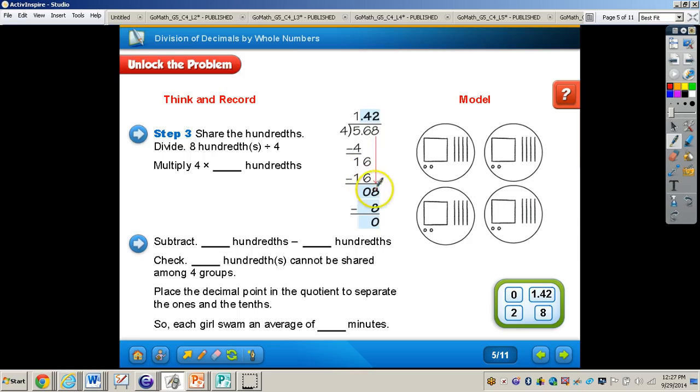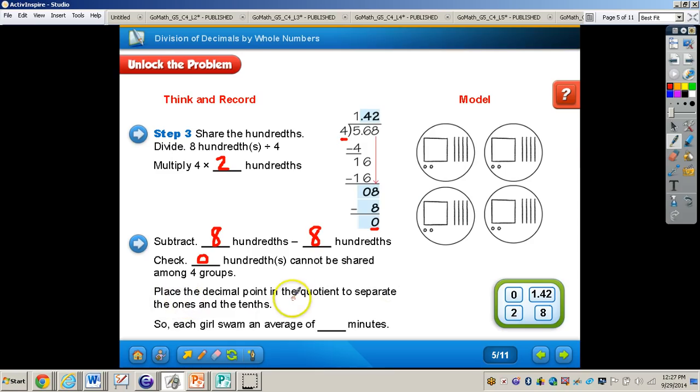So we bring down an 8. We have our 0, and we brought down our 8. Now what we need to do is share hundredths, divide 8 hundredths divided by 4. It's going to give us 2, so we multiply 2 hundredths now. 2 times 4 gives us 8. Then from here we subtract 8 hundredths minus 8 hundredths, and we need to check, obviously, that 0 is less than 4, or in other words, 0 hundredths cannot be shared among 4 groups.